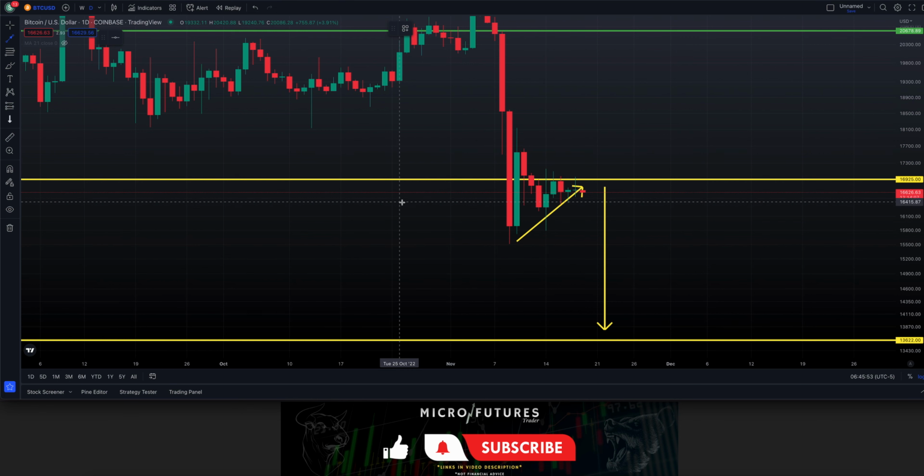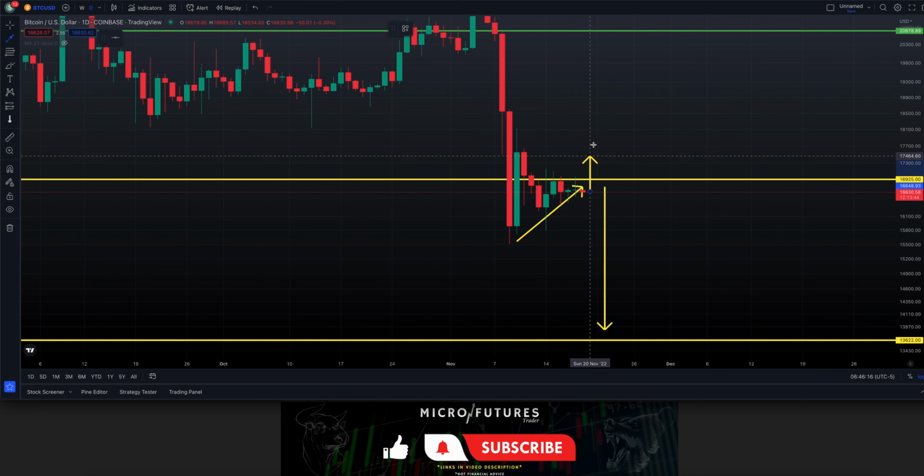The problem with these patterns is, maybe 80% or higher, they are accurate and they will do what you think, as in for this pennant, it will break to the downside. I don't know the exact percentages, but it's probably up there in the 80s or even higher in the 90s. The rest of that percentage, it will not do that.